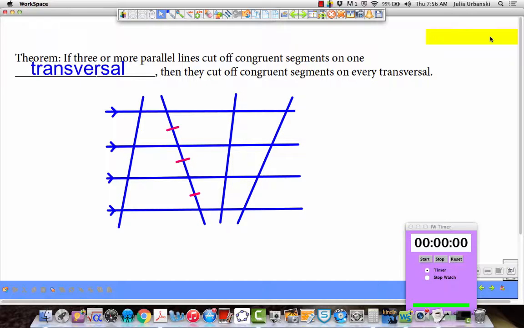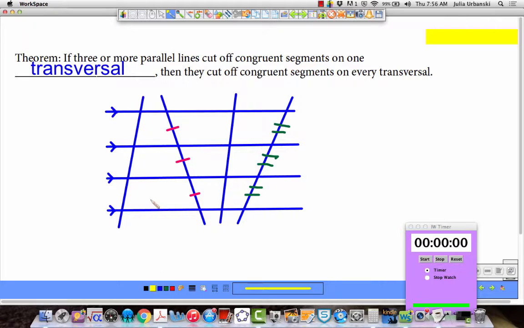Okay? So all it's saying is that the lines have to be parallel, and you have to be given or find out somehow that the one transversal is cut equally, then you can say that all of them are cut equally. So like this one right here. This transversal right here would be 3 equal pieces.